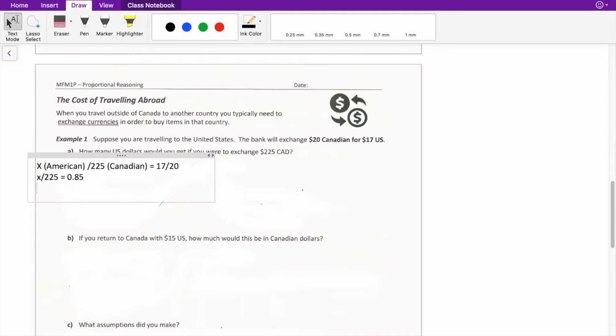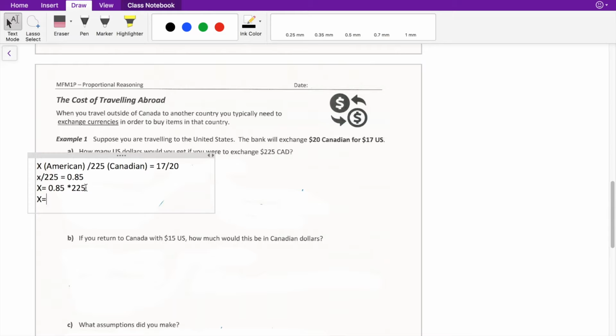Then our next step is going to be to isolate this x. So we have x over 225, so we need to bring it over. So it's going to become a multiply. 0.85 times 225. And that is going to equal 191.25.